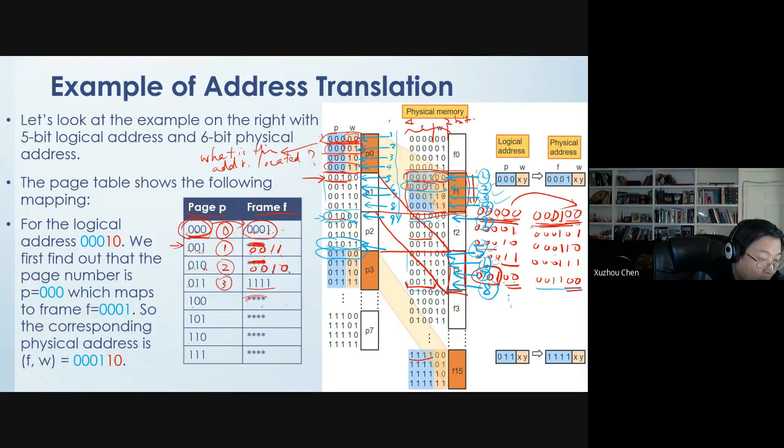In the logical address, they are neighbors, but in the physical address, they are really far away, right? Because this one is located in frame number 15. It's at the bottom of the physical memory. Okay, so that's basically how you do the address translation from logical address to physical address.